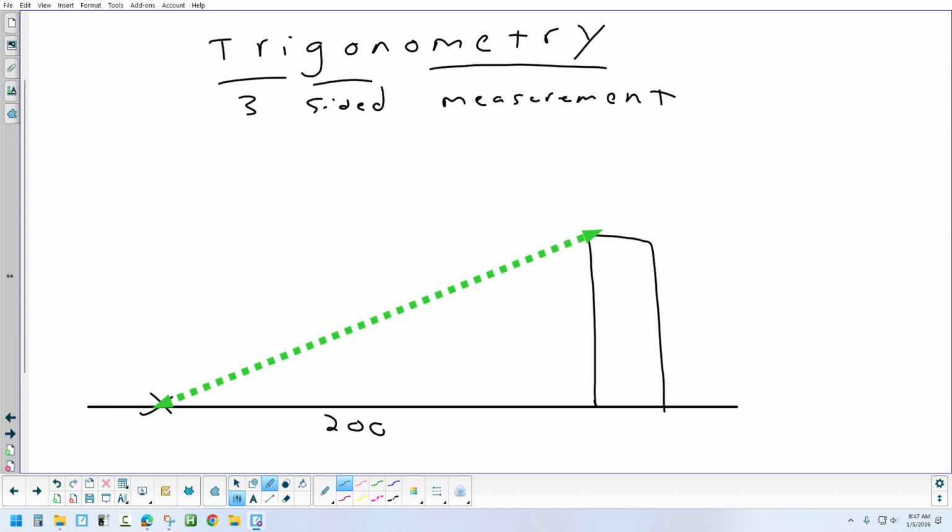So let's say you're 200 feet away from an object. The angle is a little bit harder to get, but you can get it several different ways. One way is people used protractors. If you put a straw on top of a protractor, you almost have like a little barrel on it.